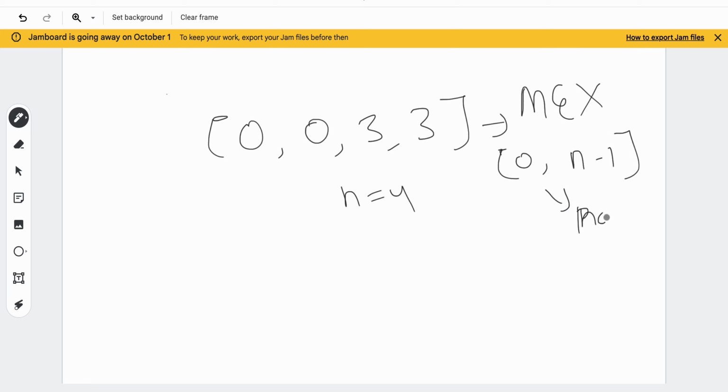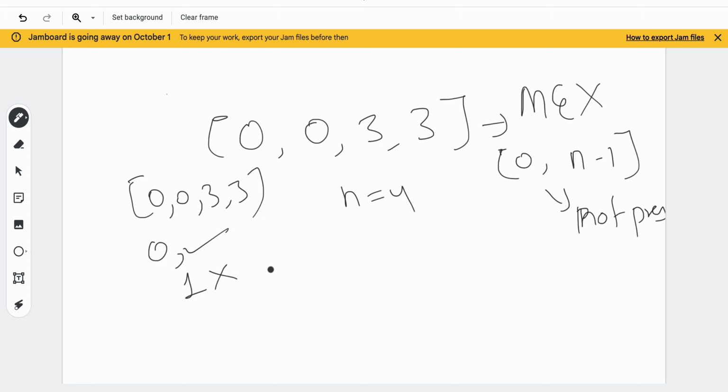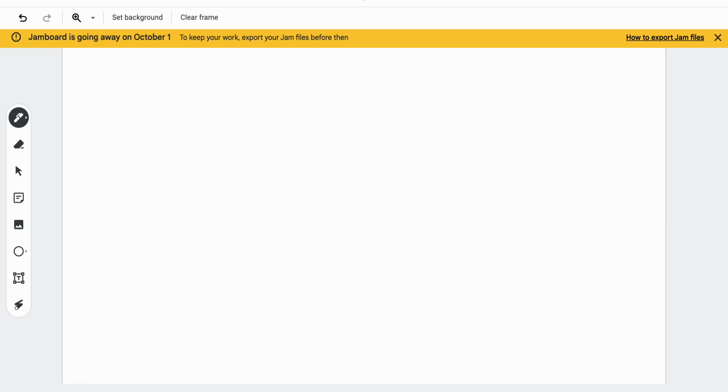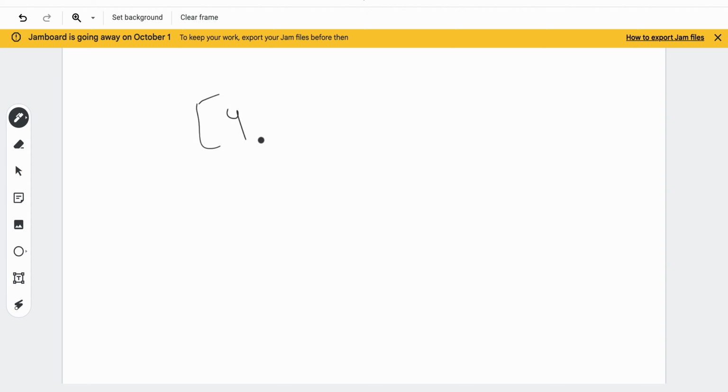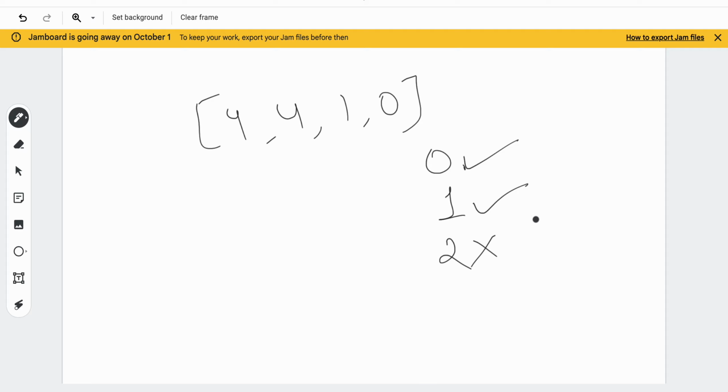For example, in this array 0 0 3 3, 0 is present, so it is not the max, but 1 is not present in the array, so 1 is the max of the array. If we take another example, 4 4 1 0: 0 is present, 1 is present, but 2 is not present, so 2 is the max of the array.